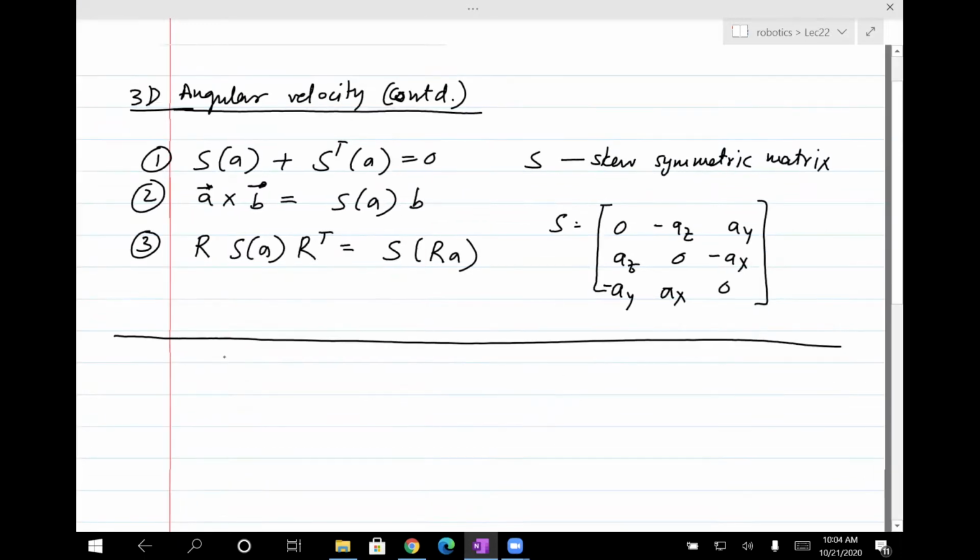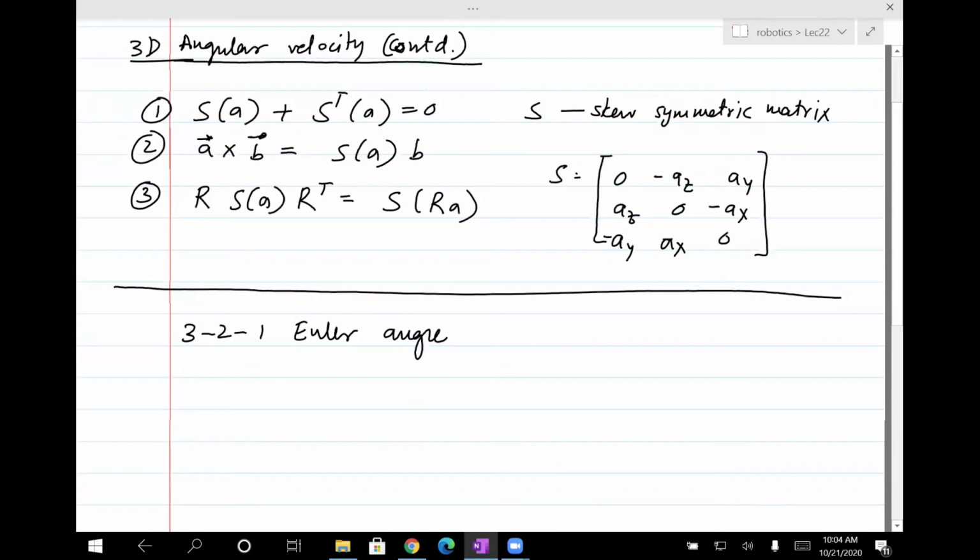Okay, we also used a 3-to-1 Euler angle representation, right? And we wrote down the formula for the position of an object when it is rotated by psi about the z-axis, theta about the y-axis, and phi about the x-axis, and that comes out to be r equals R times rb, where r is in the world frame, rb is in the body frame.